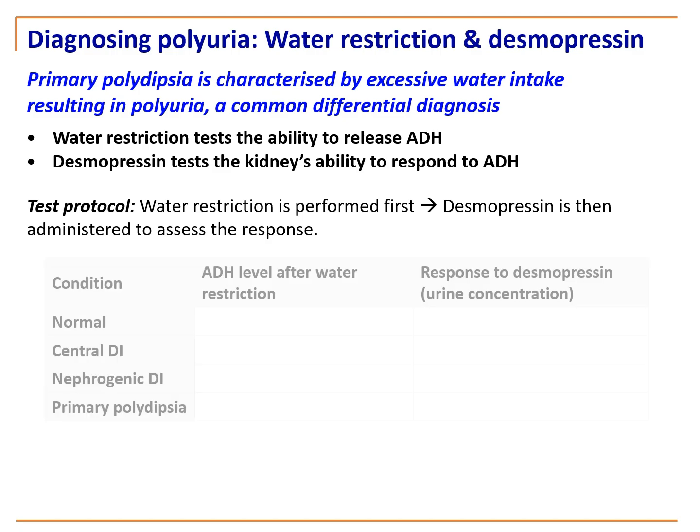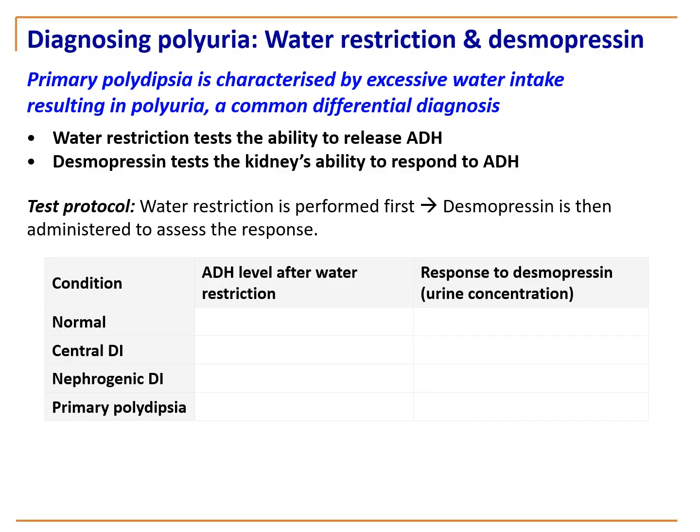So again, as usual, here's a nice little table for you to have a think about. Down the left-hand side, you've got the condition, which is either a normal person with no disease, central diabetes insipidus, nephrogenic diabetes insipidus, or primary polydipsia.